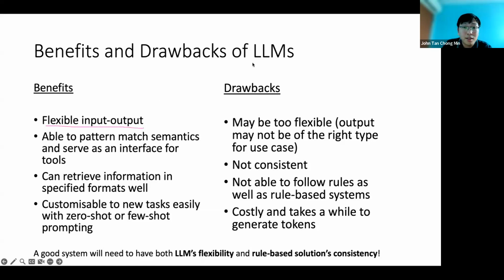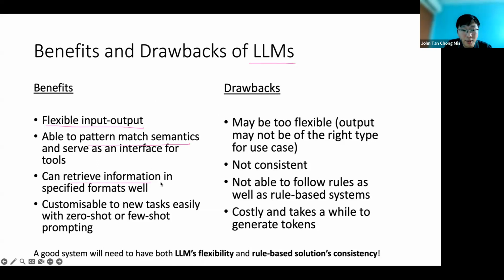So using large language models as agents, what are the benefits and what are the drawbacks? The benefit is that you get this flexible input-output. You are able to do any form of input and then process it because it's just next token processing. There are no limitations to your input, apart from the fact that it should be one of the recognized tokens. You're able to pattern match the semantics.